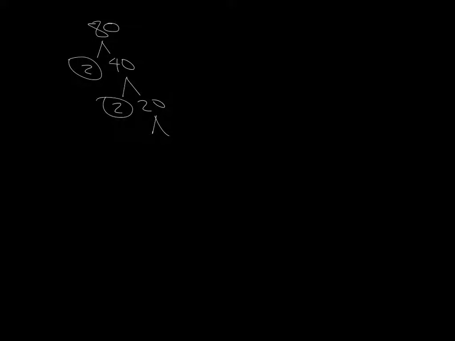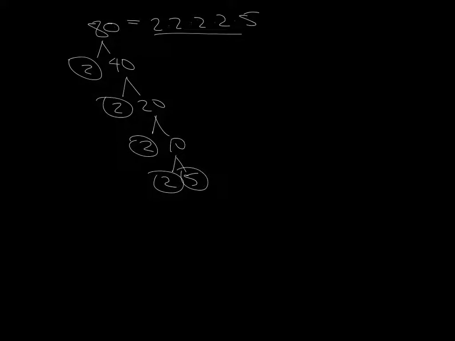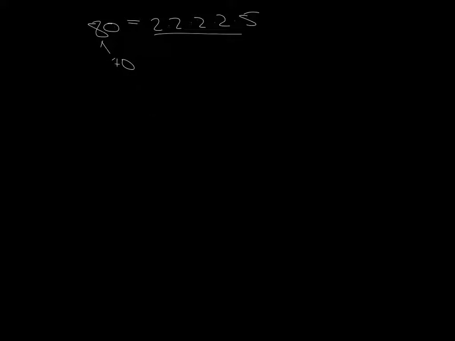And 2 goes into 20, and 2 goes into 10, and 5 is also prime. So my product of primes for 80 is 2 times 2 times 2 times 2 times 5. That means if I multiply all those numbers together, I'm going to get 80.